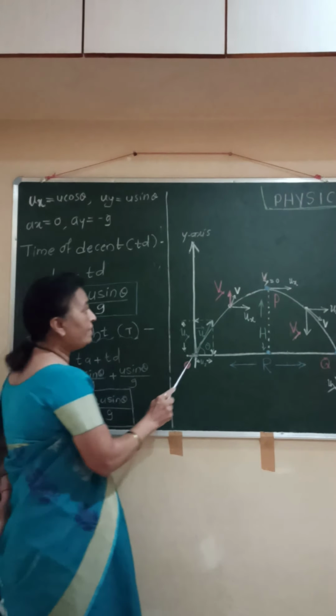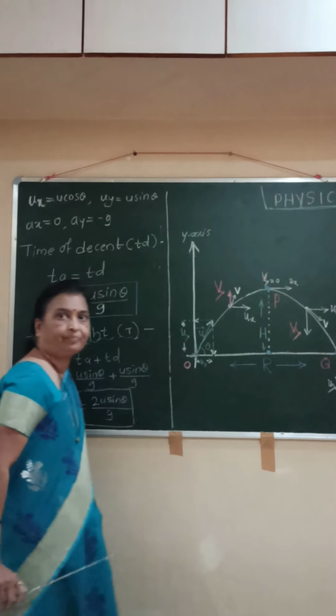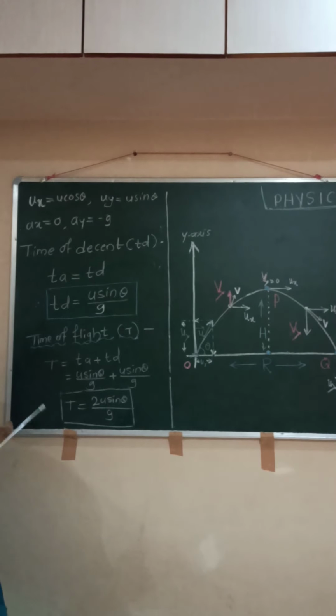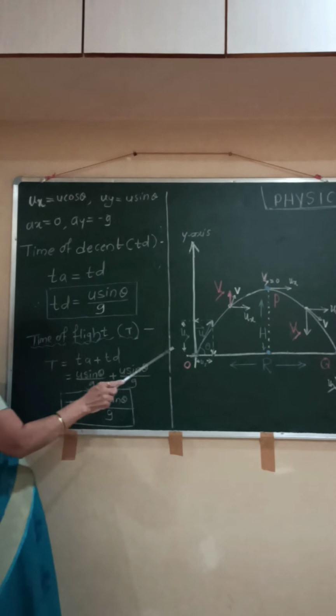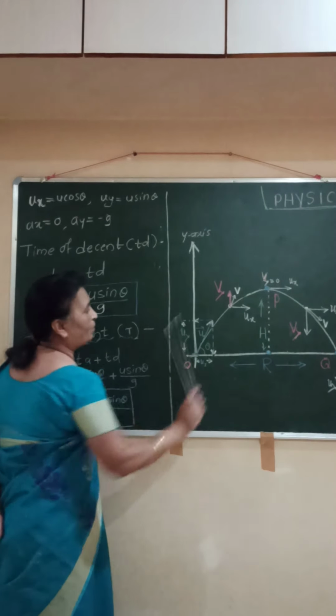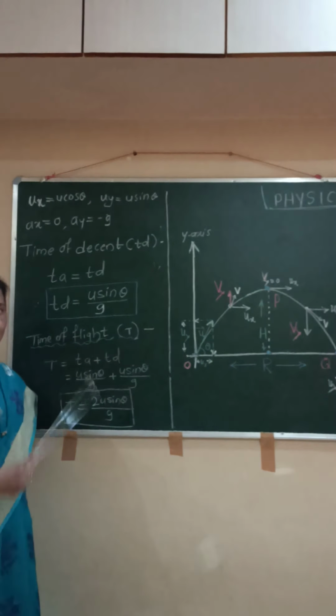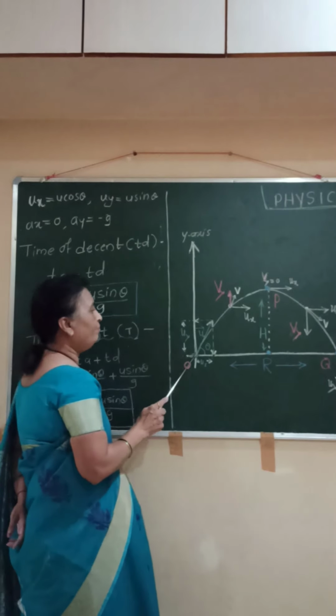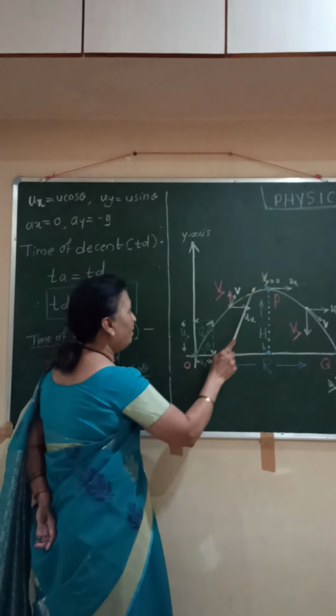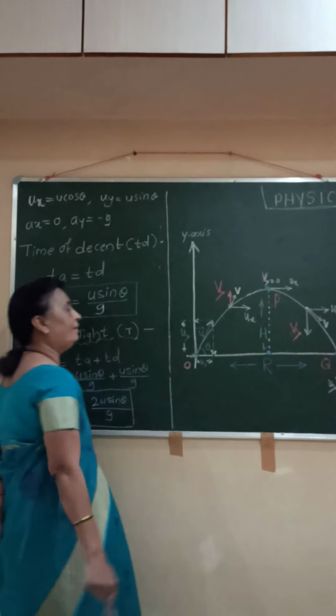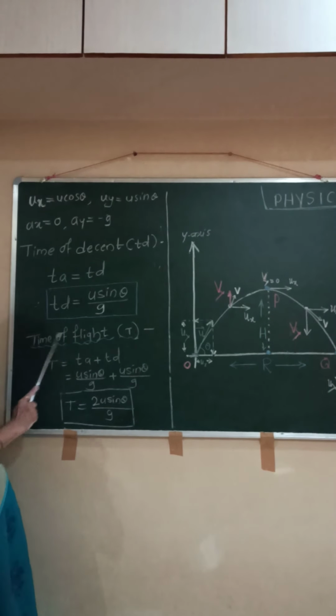To cover this entire trajectory, the time the projectile has taken is called the time of flight of the projectile. Or we also say the time for which the projectile remains in air is also called the time of flight.